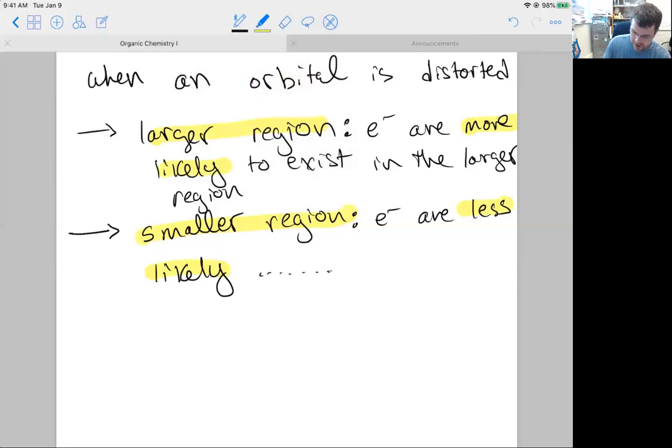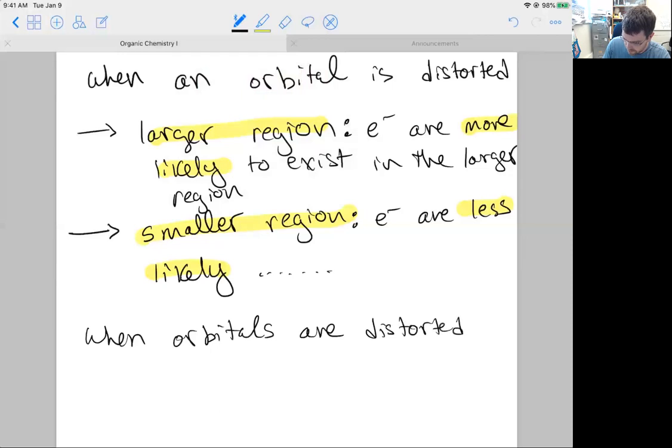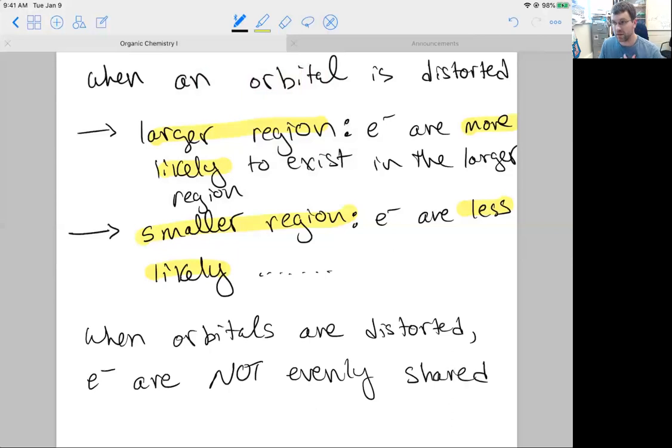Okay? So what this means is that when orbitals are distorted, the electrons are not evenly shared.